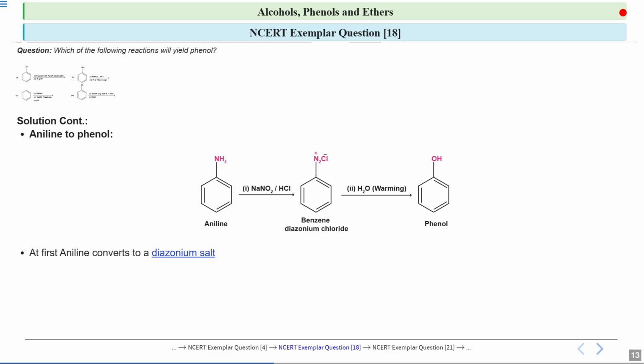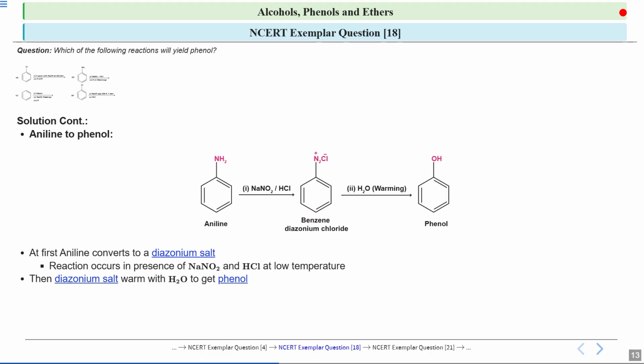So at first, aniline converts to a diazonium salt. Diazonium salts are versatile compounds used in organic synthesis reactions. This reaction occurs in the presence of NaNO2 and HCl at low temperature. Low temperature helps stabilize the diazonium salt, which prevents its decomposition.